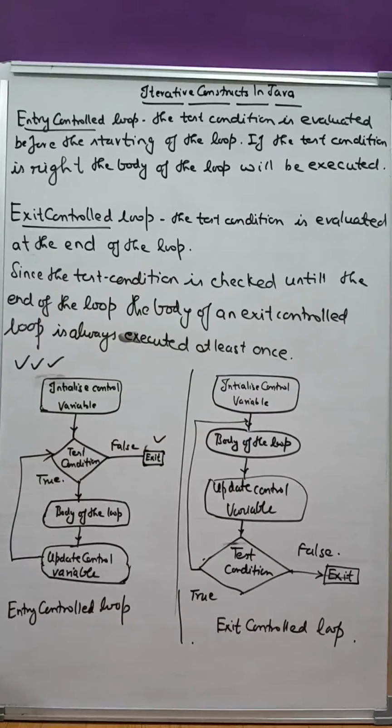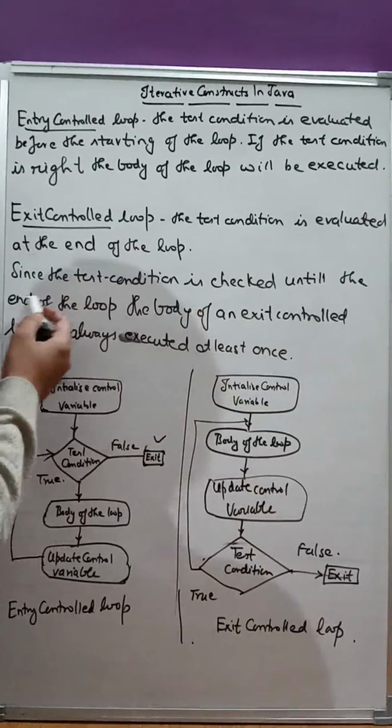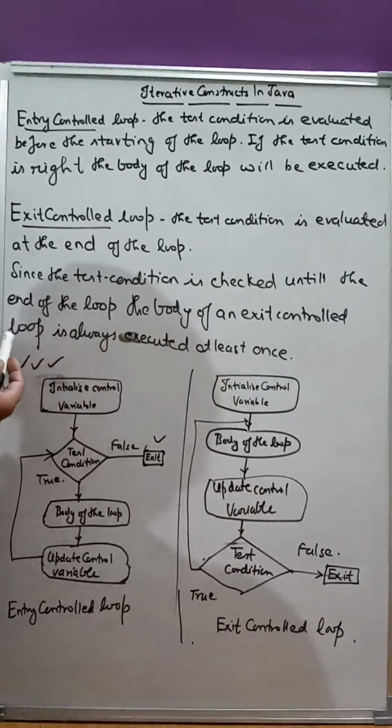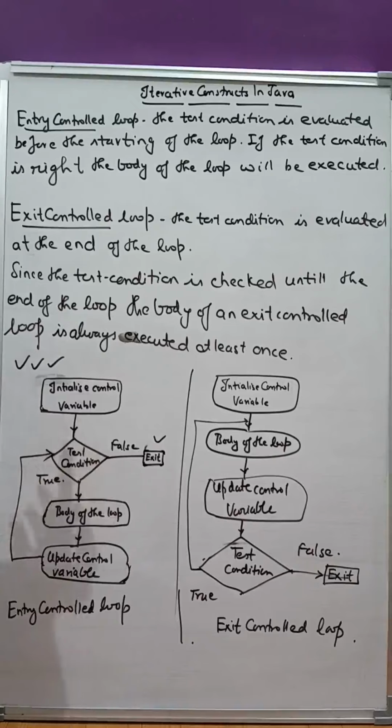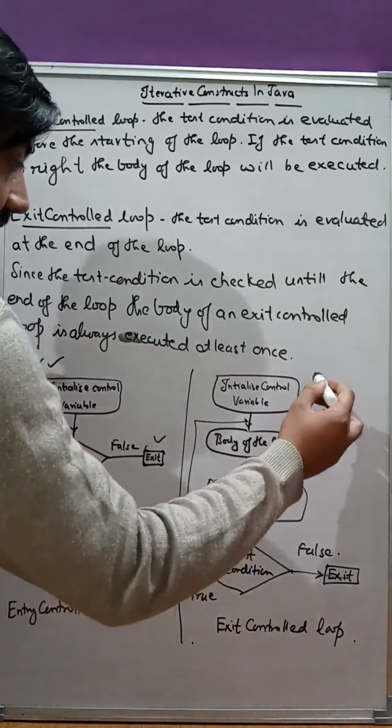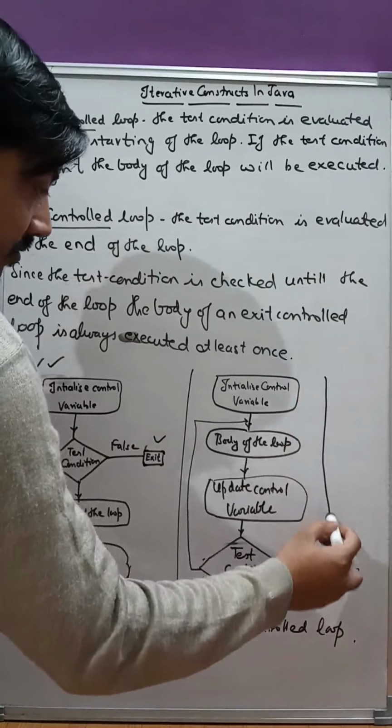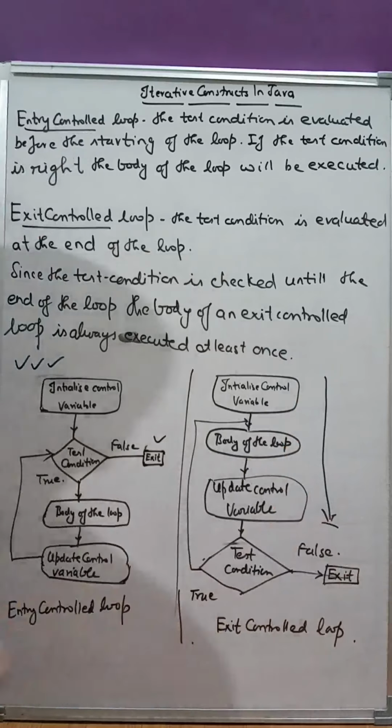Now see, it is written: since the test condition is checked at the end of the loop, the body of the exit control loop is always executed at least once. That means if we are not checking the condition before the body, the loop has executed at least one time.